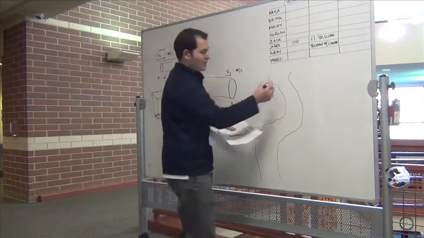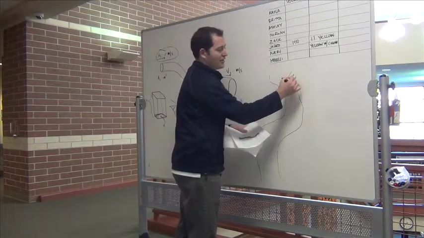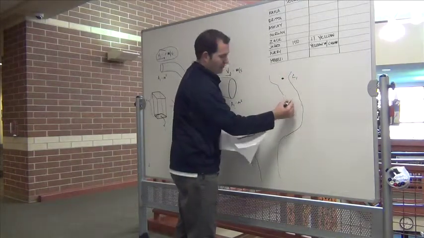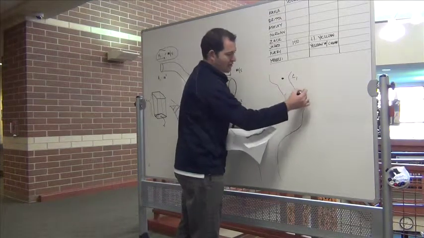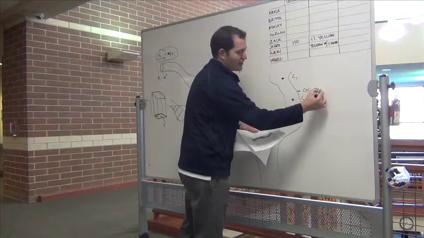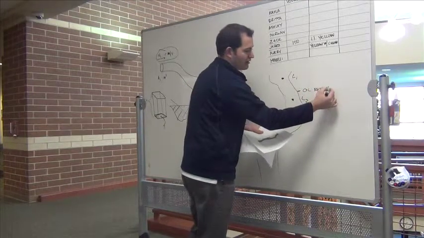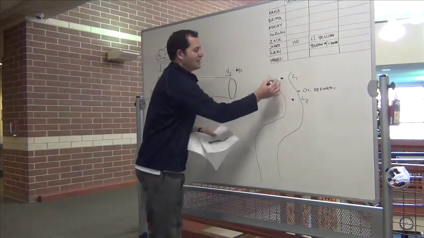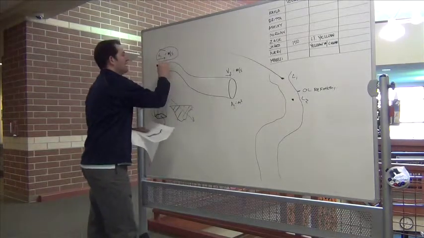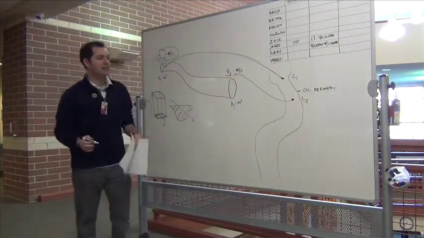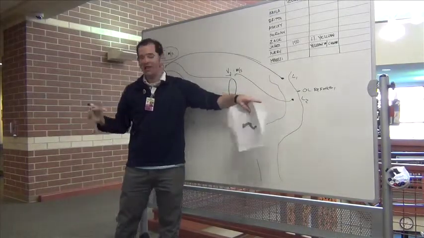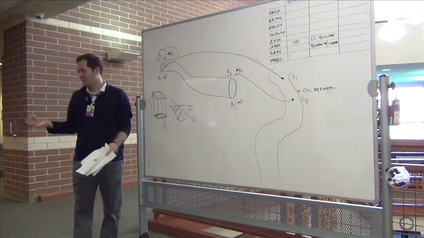Okay, so we have location 1, and we have location 2, and right before that is the oil refinery. Okay, so we can think of this as our area 1. We can think of this as our area 2. Okay, so if the oil refinery was adding nothing, what could we be saying?